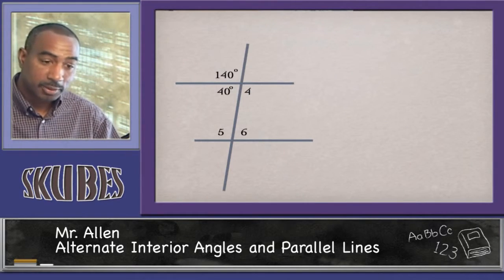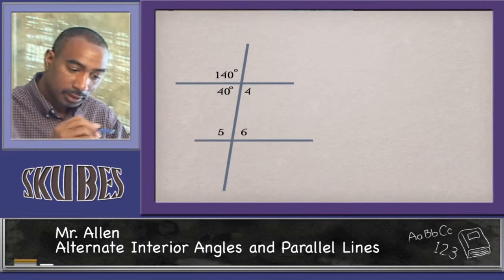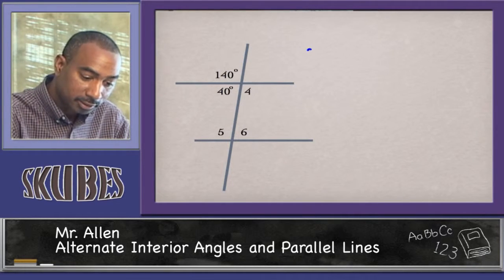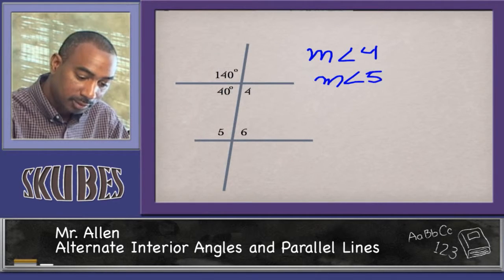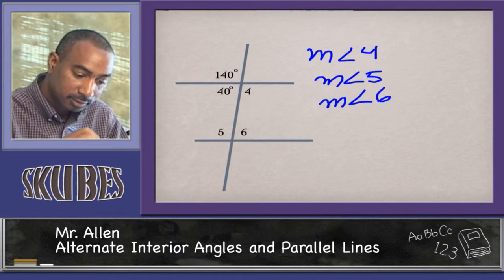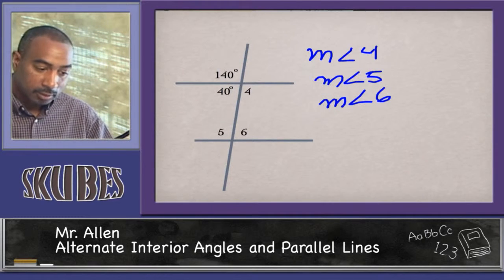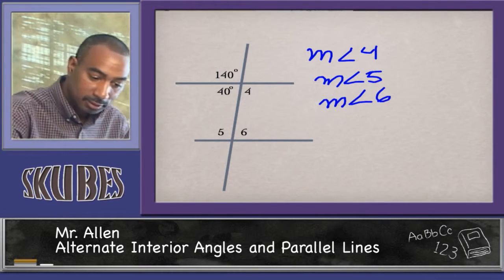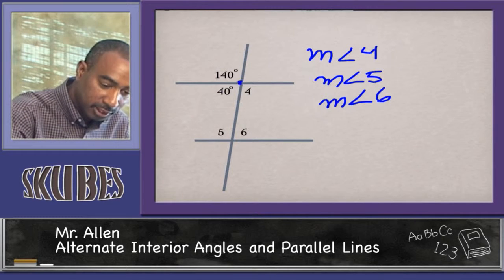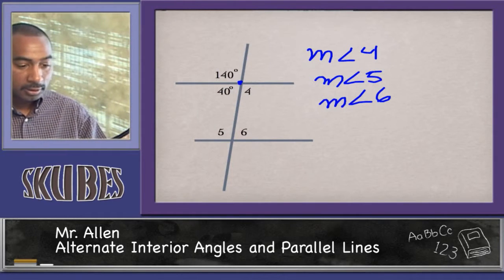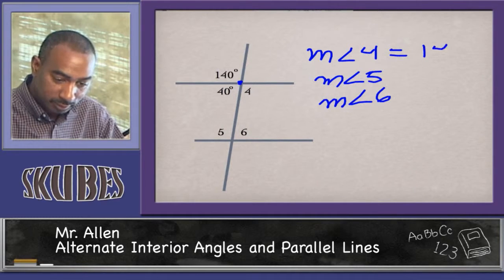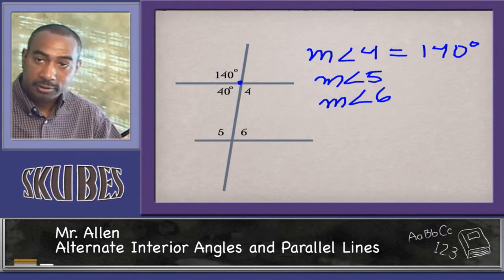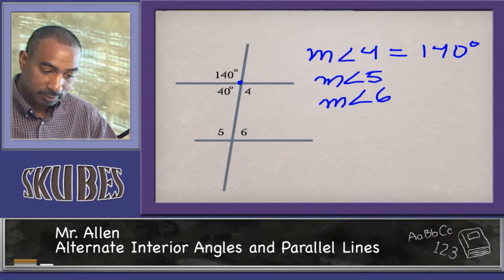Alright, let's apply this to some problems. Let's say I want to know the measure of angle 4, angle 5, and angle 6. Well, right away, I notice that I have a pair of vertical angles. So that forces the measure of angle 4 to equal 140 because vertical angles are congruent.